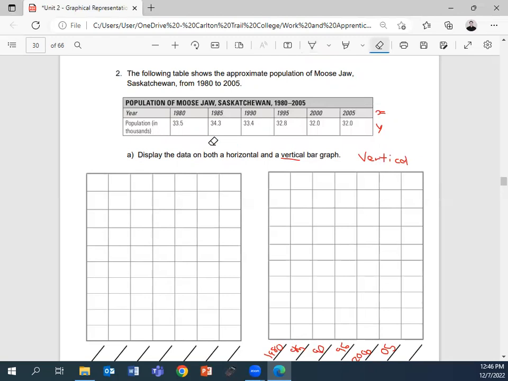Some of you might prefer to go up by 5s. Some of you might prefer to go up by 4s in this case. You can pick whichever one you'd like. I'm personally going to go up by 4s, but if it works better for you to go up by 5s, you can do that. 20.